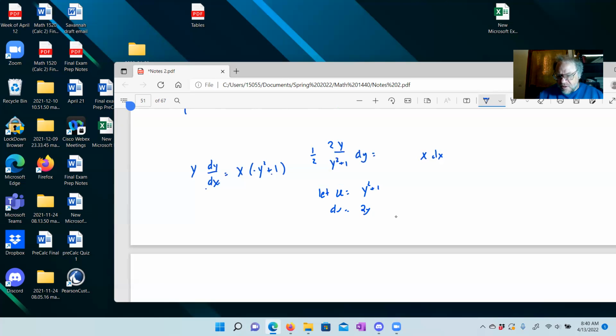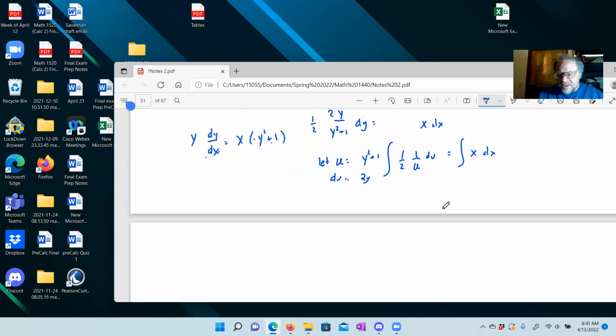So we're going to have 1/2 times 1 over u du equals x dx. And now I believe we are ready to integrate both sides. So this is going to be 1/2 natural log of u, that's how we integrate 1 over u du. That equals x squared plus c.